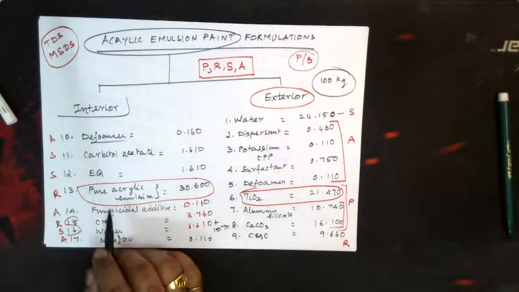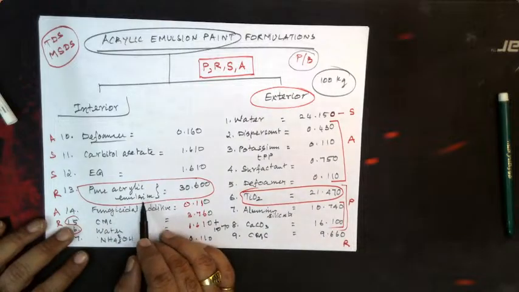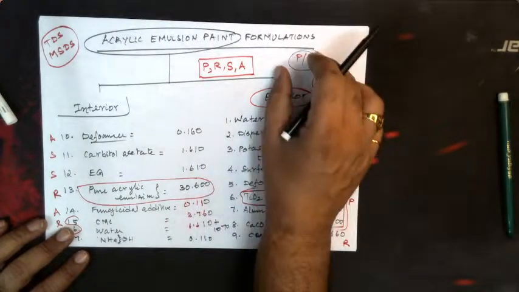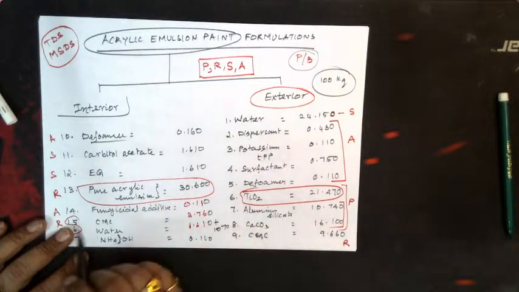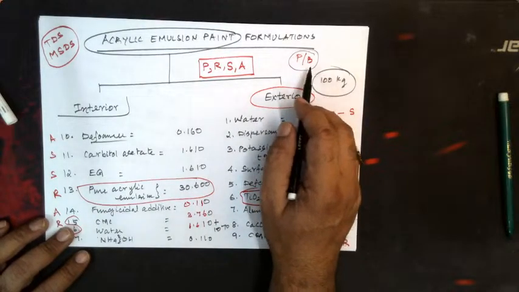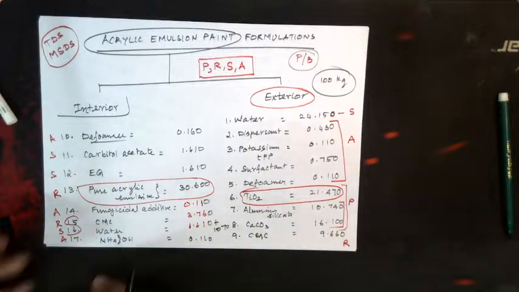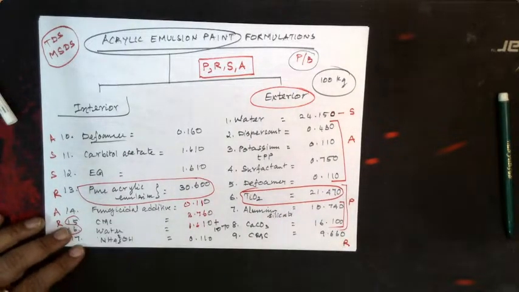Then the pure acrylic emulsion, that is 30, as I already mentioned. Based on the requirement it may vary, whether you require satin finish or matte finish, because we change the pigments also.